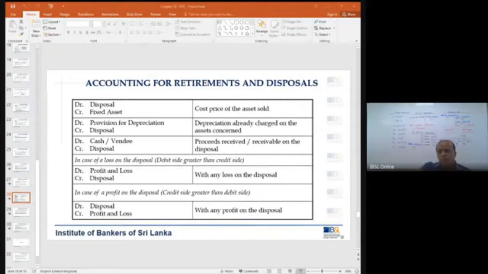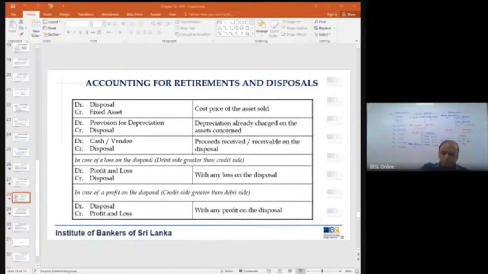So you have to estimate the value of the asset that has come down, and account for it as impairment loss. What you will do is debit your P&L as impairment loss and credit the cost of the asset.